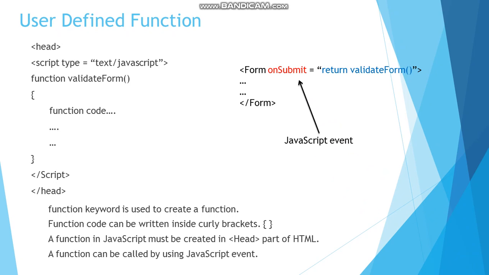So remember, this is known as a JavaScript event. We have to see events now, and this part is known as a user-defined function. This validateForm is the name of the user-defined function. Either you can call this a function call, or you can call it an event handler. So whatever event we have given, onSubmit, to handle that event the code validateForm is written, and that is why it is also known as an event handler.